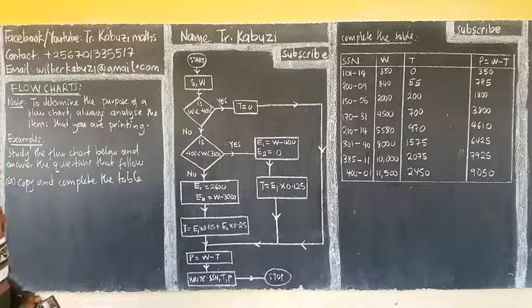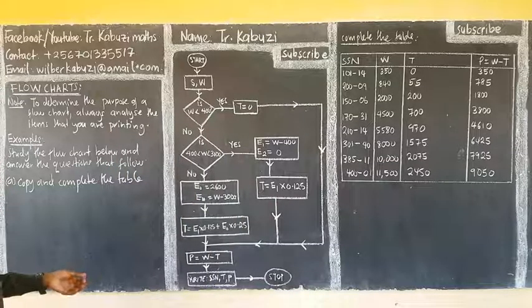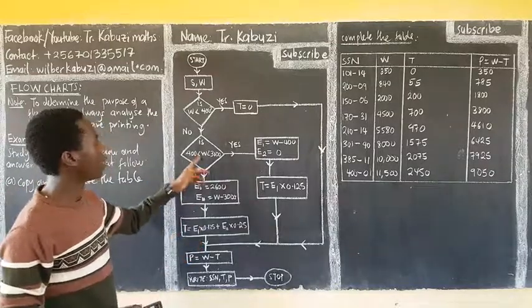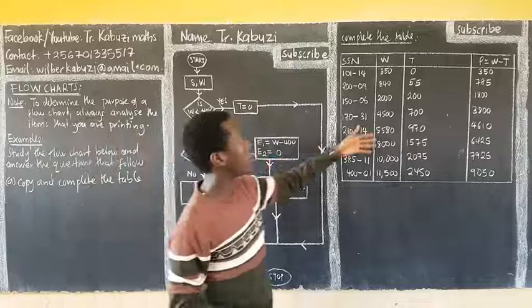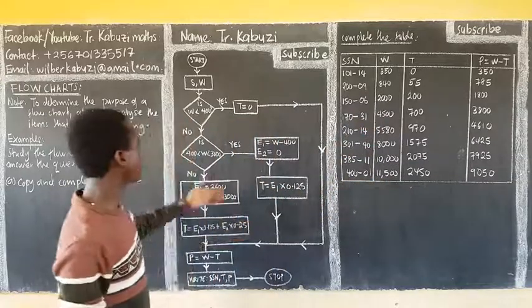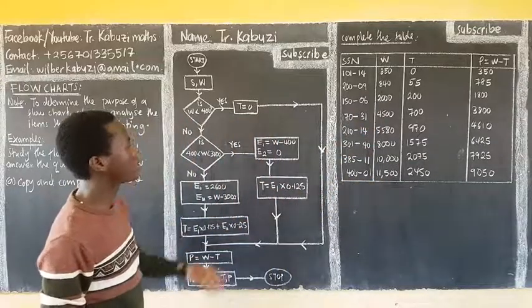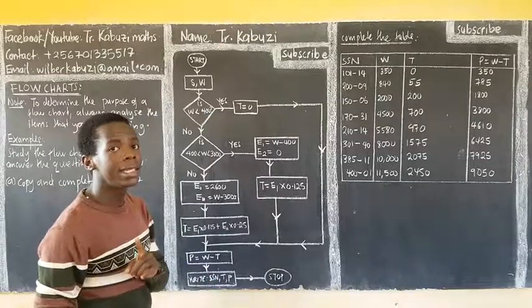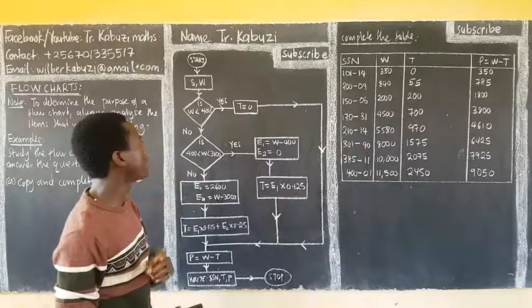And so that was part of what the question required us to do in simple terms. What we have to do is check where the values of W are falling, then follow the task as it was given to you. As simple as that. So we are calculating T two times.